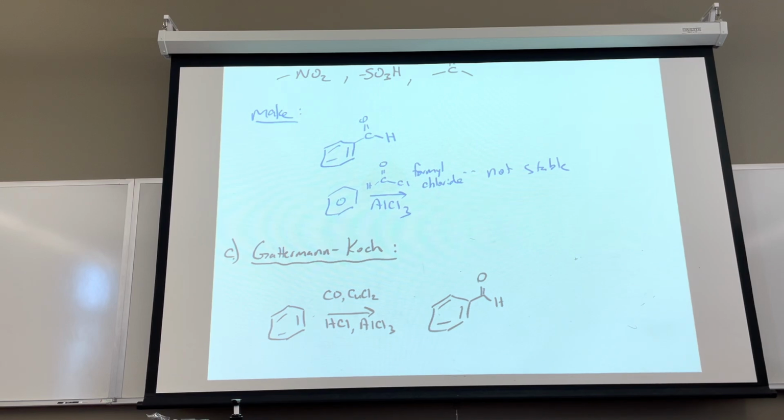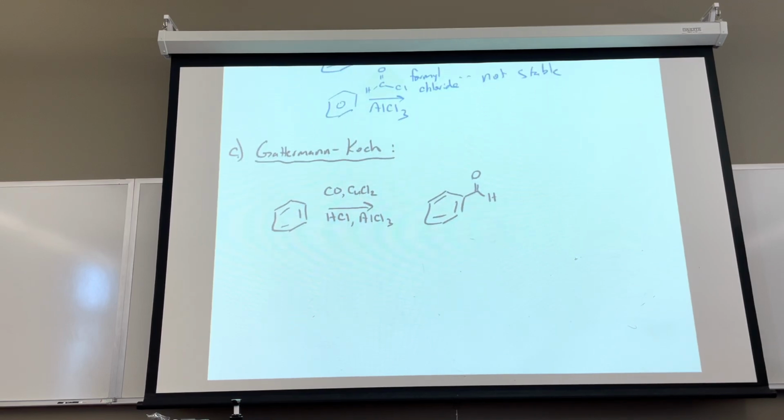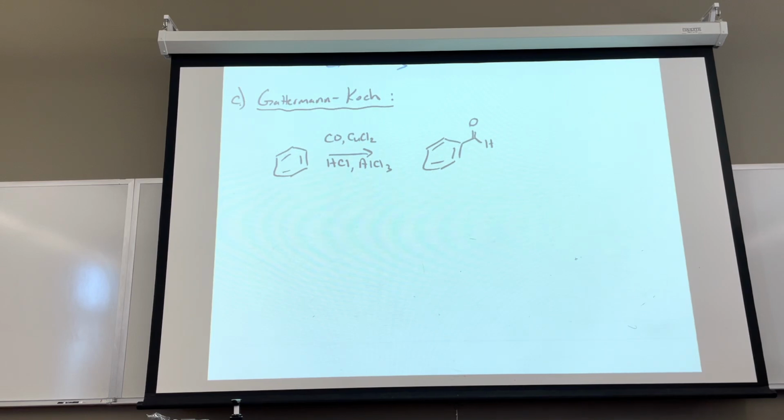So I kind of billed the acylation as a better version of the alkylation. But is it a direct substitute? You know, let's go back to the question a minute ago. What if we wanted to make propylbenzene? You know, I already showed you that you cannot, say we wanted to do this.